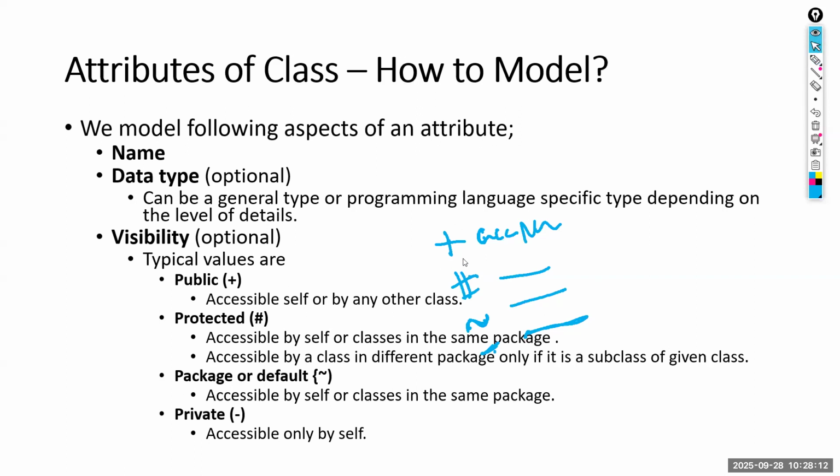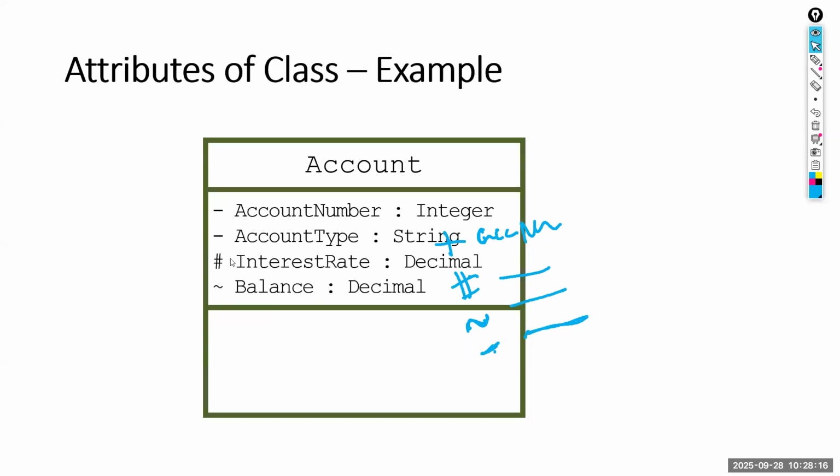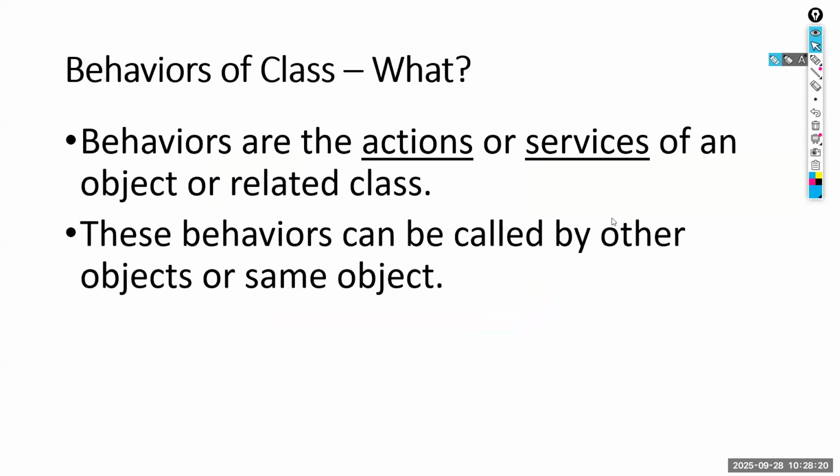So when you use a tool, the tool has all these things. So remember, behaviors are the actions or services that a particular class or the object of that class can provide. Of course, if it is static, the class provides. Instance method, it's the object that can provide. Okay.